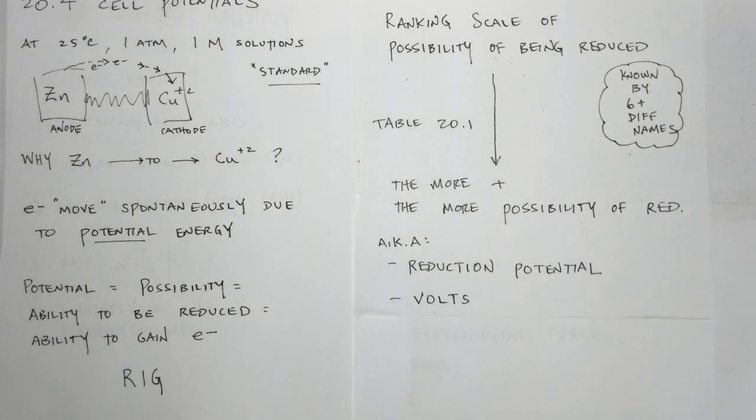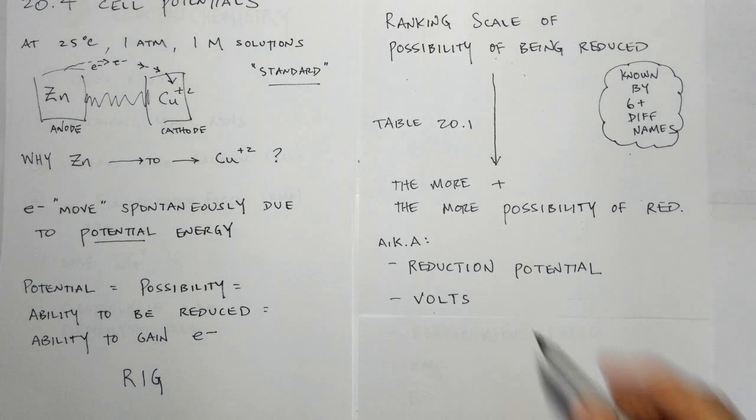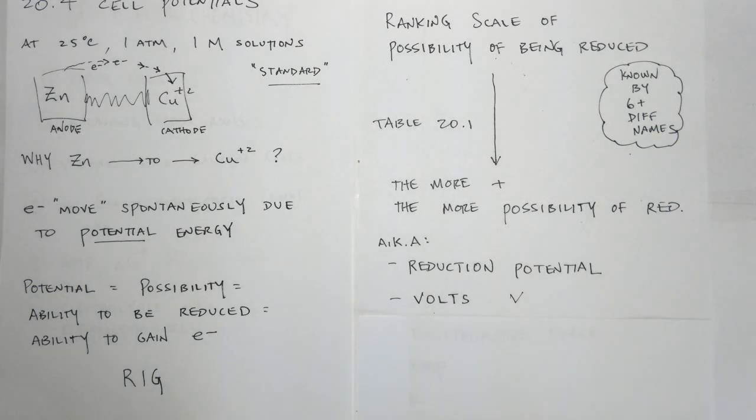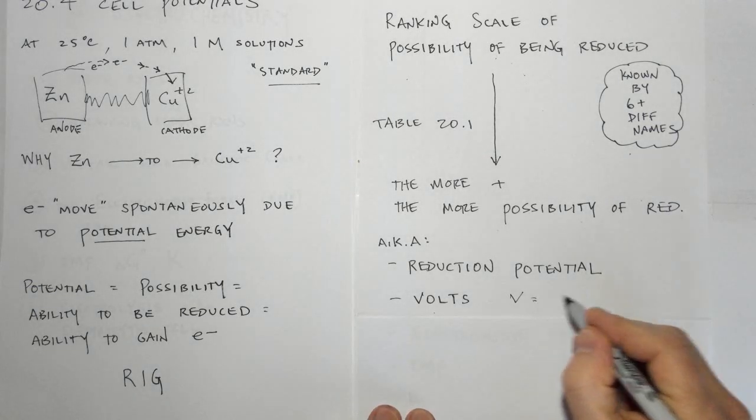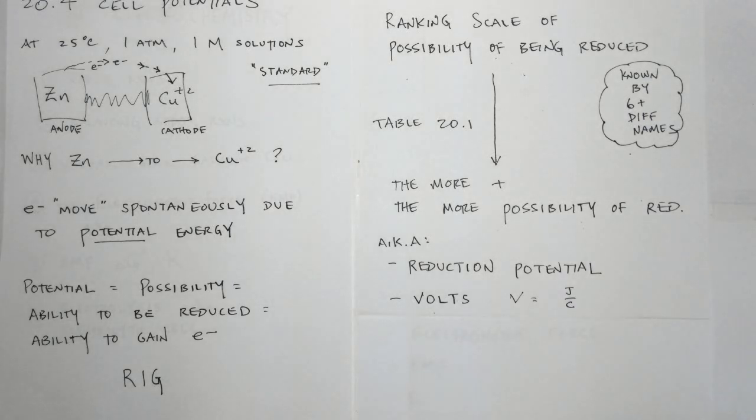It's also known as the voltage, because that's what it's measured in, volts. The reduction potential is measured in volts, symbolized by the letter V. By the way, a volt is equal to a joule per coulomb, for those of you that are super interested in the units. It is also known as the electron moving force.